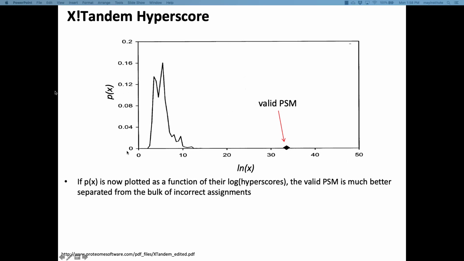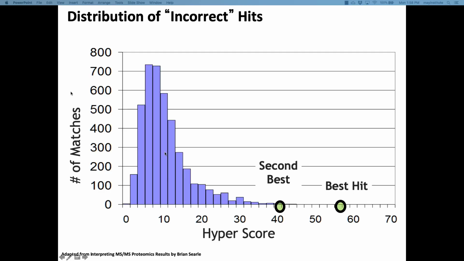And the problem in a way is that you have a mix of hits there. When you look at this Hyperscore that Tandem uses, and you see the number of matches that they have, then you will always get matches that are incorrect, and they tend to have a low score.